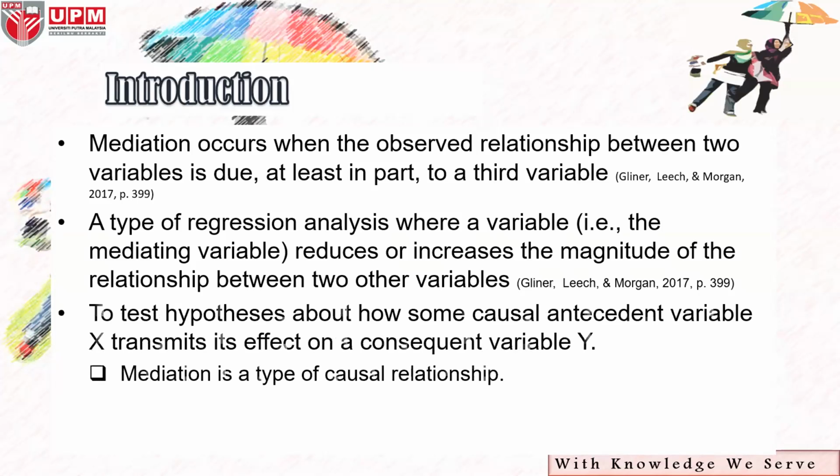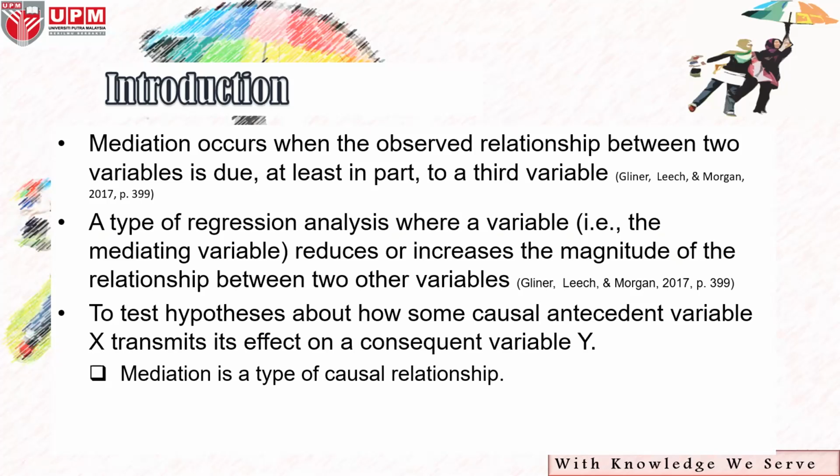Okay? Okay, to test hypothesis about how some causal antecedent variable X transmits its effect on a consequent variable Y. Okay, so kalau tadi sampai multiple linear regression, it's still not yet considered to be a causal relationship. Analysis of correlation, multiple linear regression ni dia belum lagi merupakan satu analisis yang menentukan cause and effect.